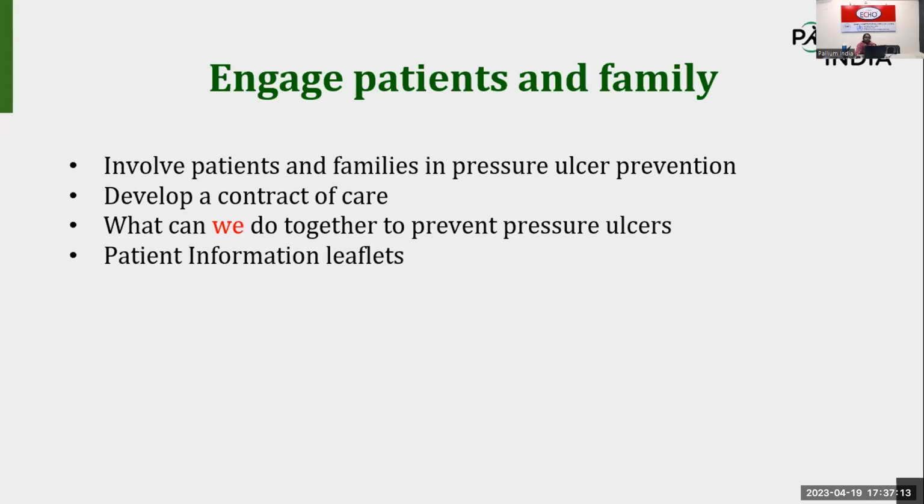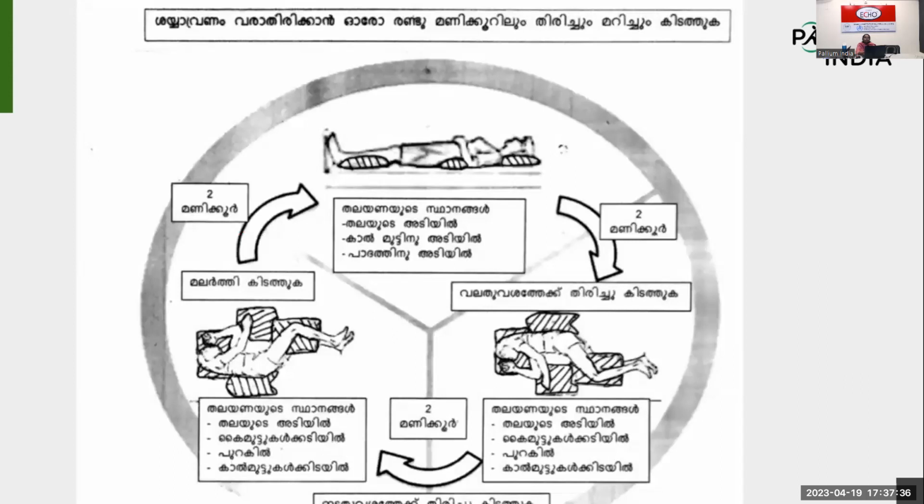So the caregivers are the people who take care of the patient. So we have to respect them. So instead of you, you can use the word we, so that they feel more comfortable.